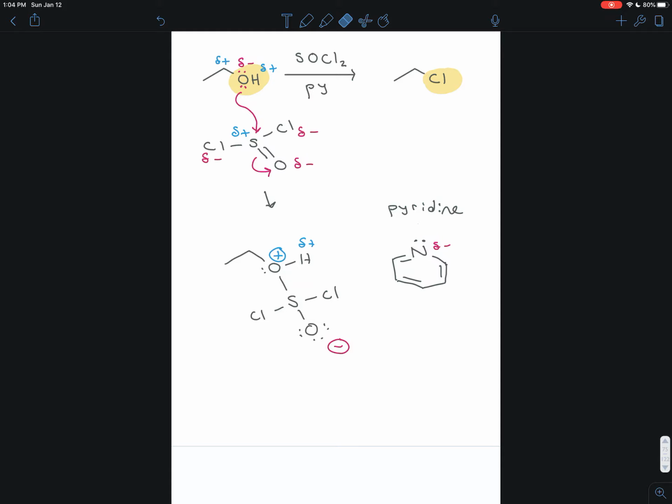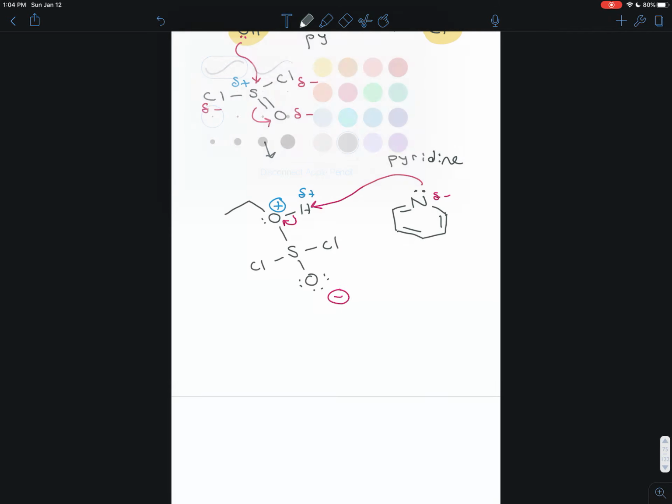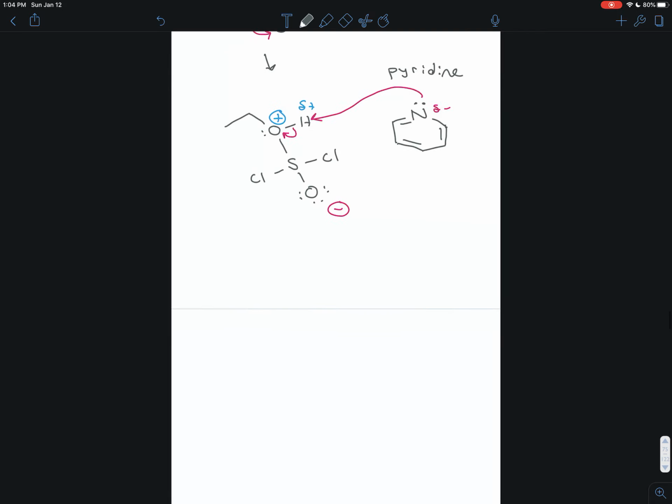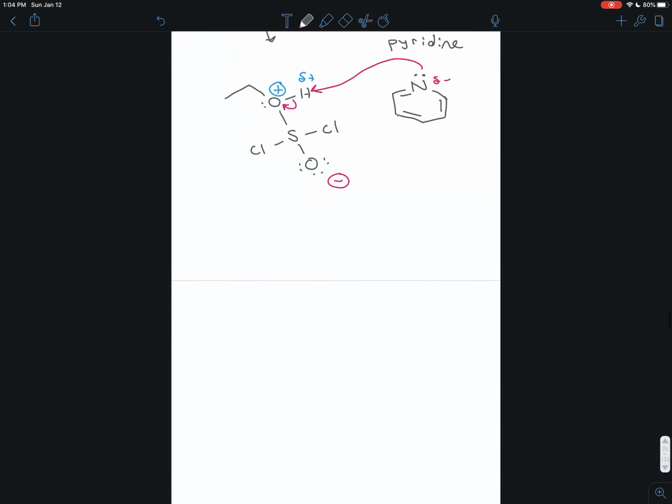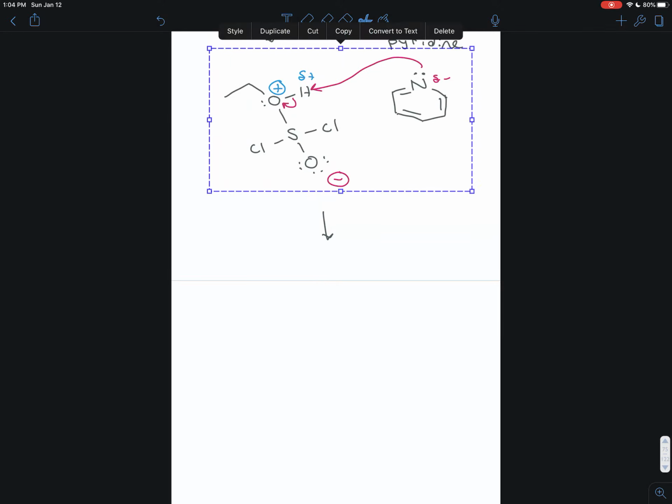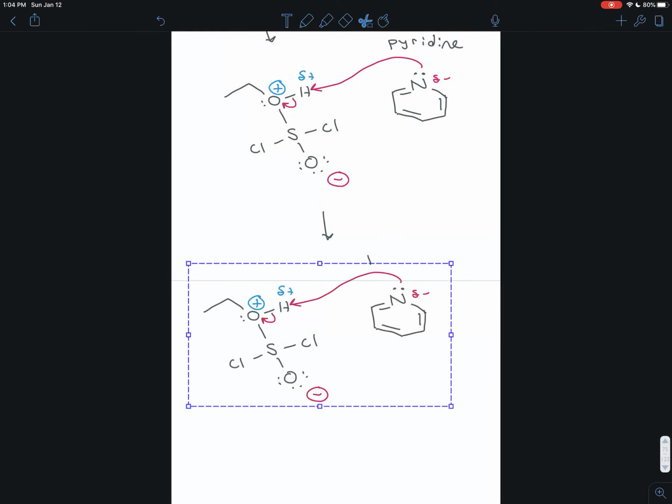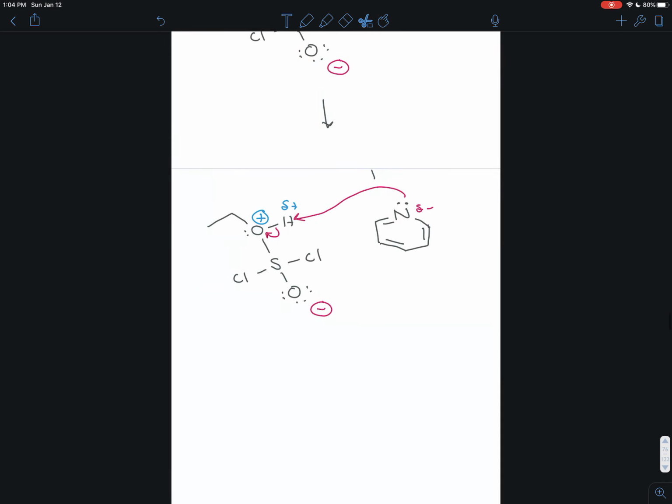So what can happen is the lone pair on that nitrogen can act like a Bronsted-Lowry base, attack the hydrogen, kick the electrons there, and we've sort of stabilized this molecule. So what we have after that proton transfer is this ion.